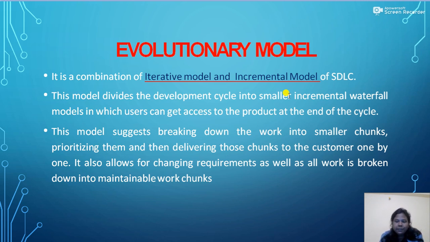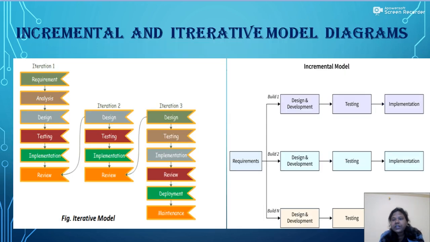If module 2 is completed, then we deliver it to the customer. If module 3 is completed, then we deliver it to the customer. Likewise we develop using the incremental model. One important part here in the incremental model is that the requirements part is frozen completely.